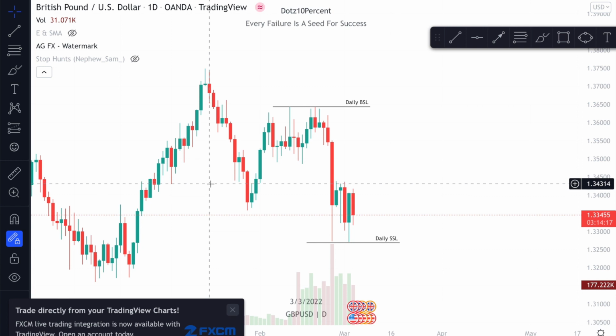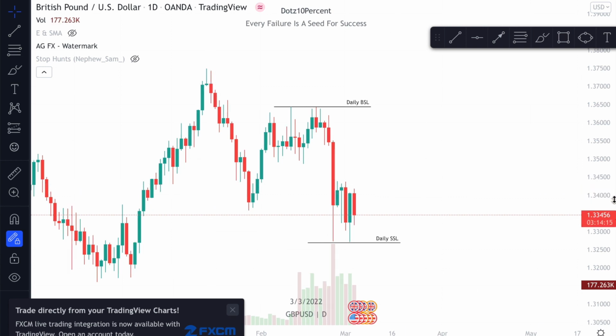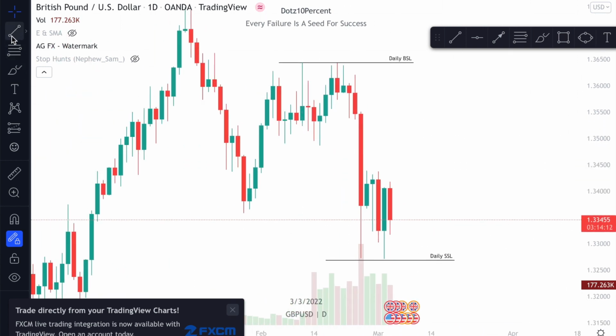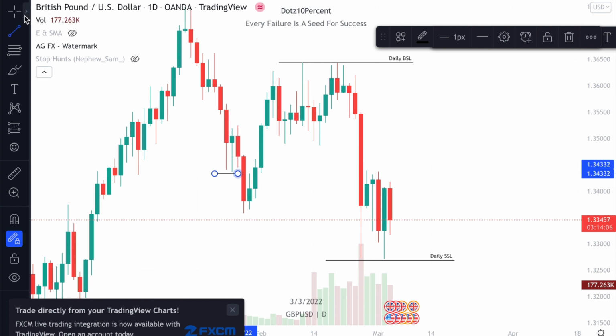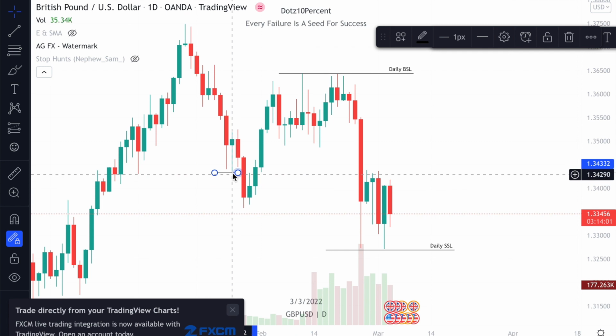Okay, here. Okay, this is a good example. These two here, of course, they're not equal. I'm going to talk about the importance of equal highs and lows. But here, this would have been our sell side liquidity, right?